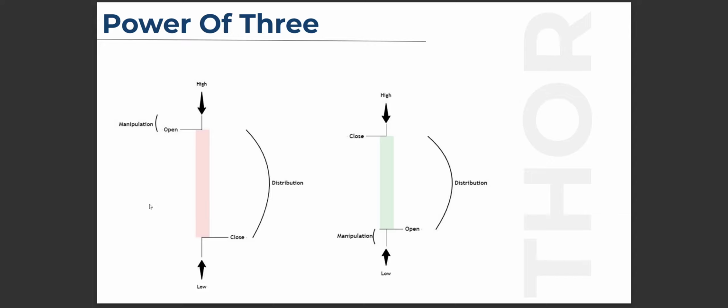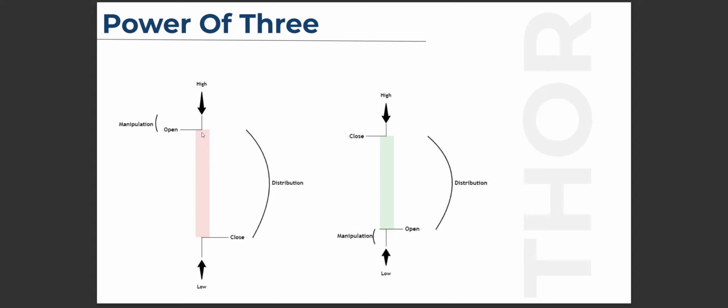so individual candle examples here. Let's say we have a down close candle. This red indicates down close, and the green indicates up close candle. In each candle, you'll have open, high, low, and close, right?